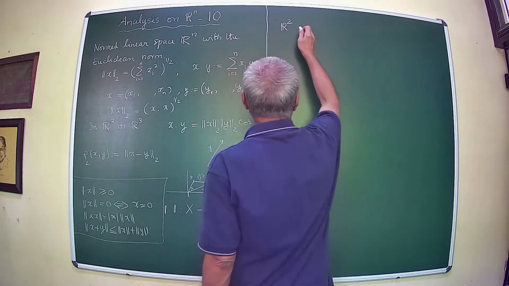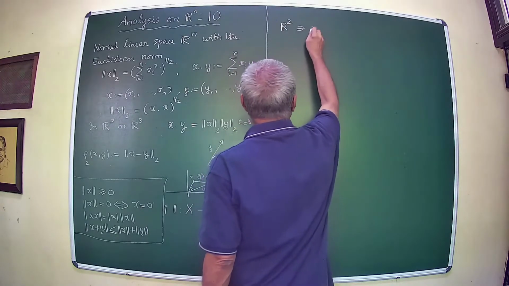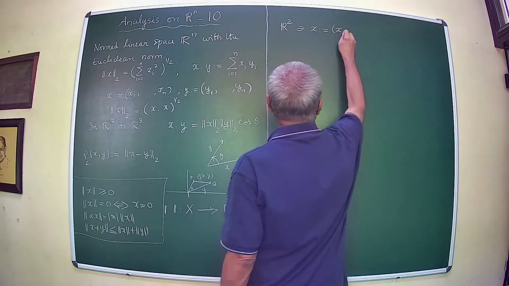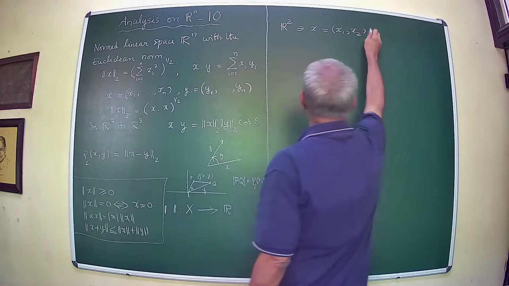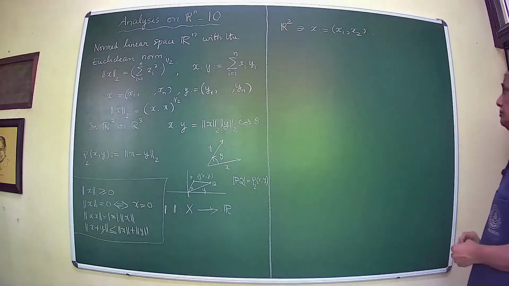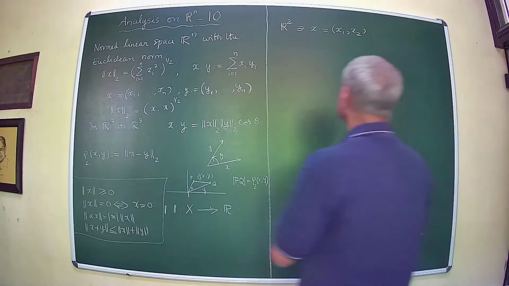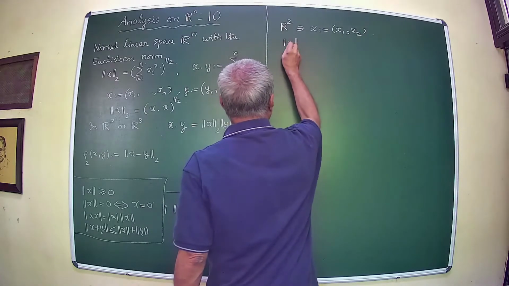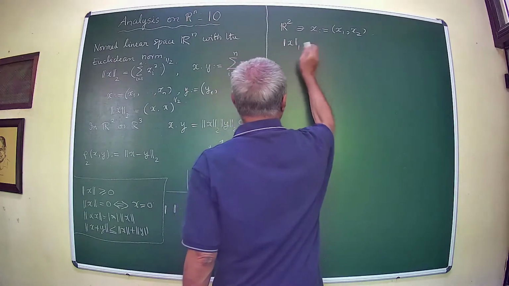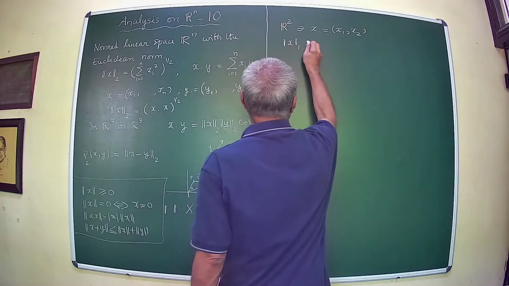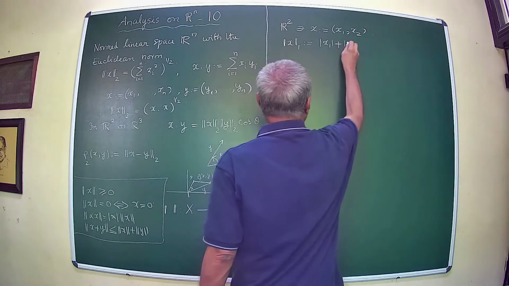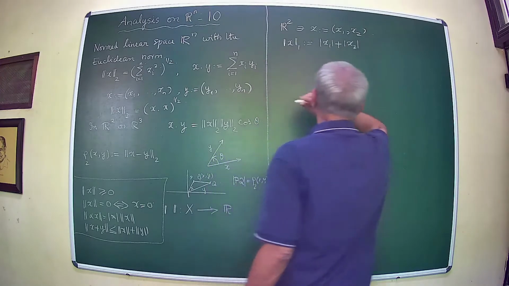In R2 you take x, defined as the ordered pair x1, x2. Now we define norm 1 of x as mod x1 plus mod x2. This is the definition.